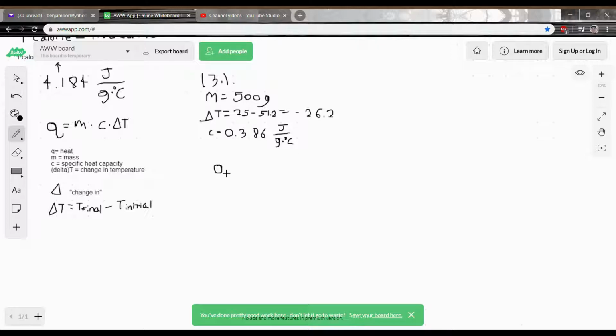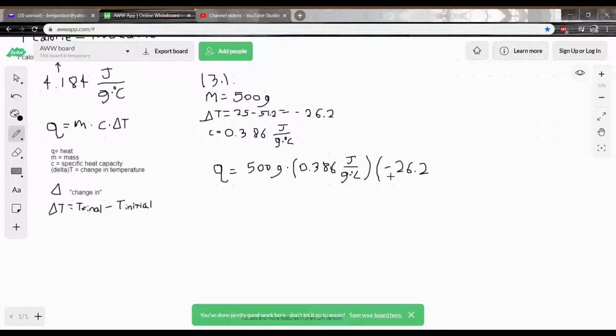Q is going to equal 500 grams multiplied by our specific heat capacity, 0.386 joules per gram degree Celsius, multiplied by our change in temperature, negative 26.2 degrees Celsius.